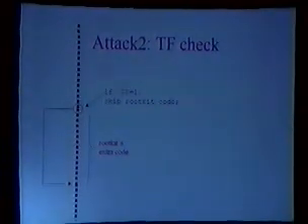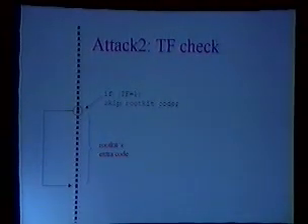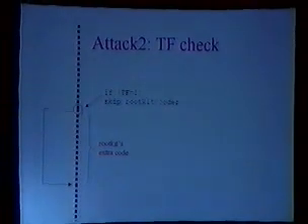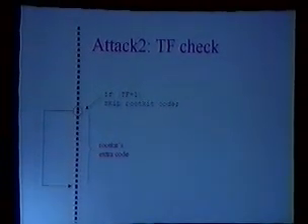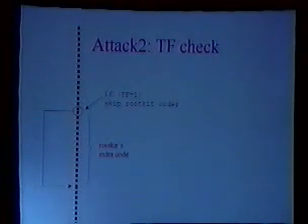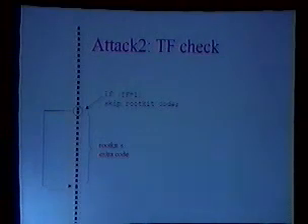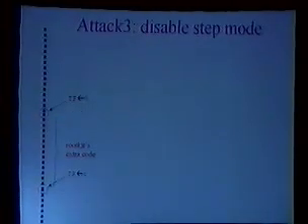The next thing an attacker can do is check if the trace flag is set or not. If it's set, it just doesn't execute its instructions, because it knows that if TF is set, somebody is tracing the rootkit, and it is not good to execute these instructions.